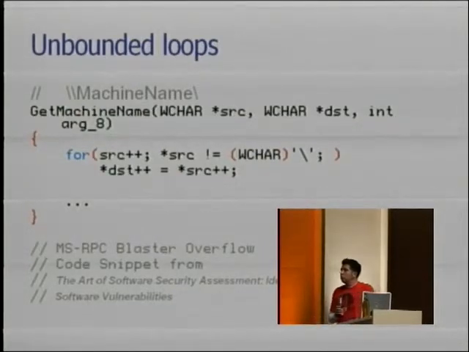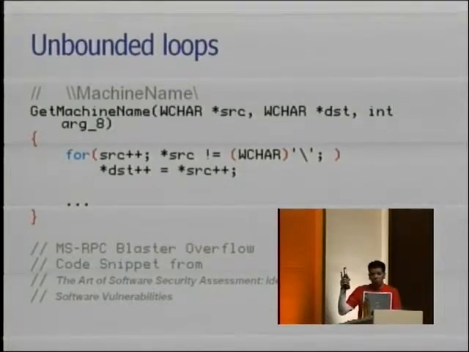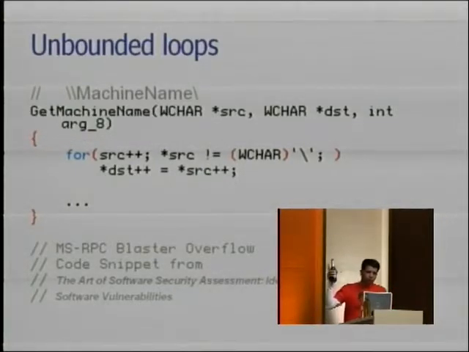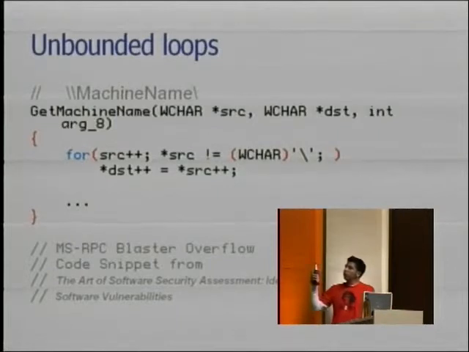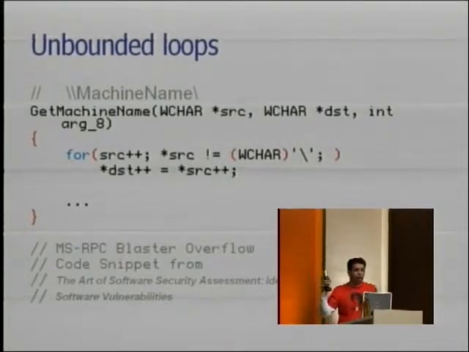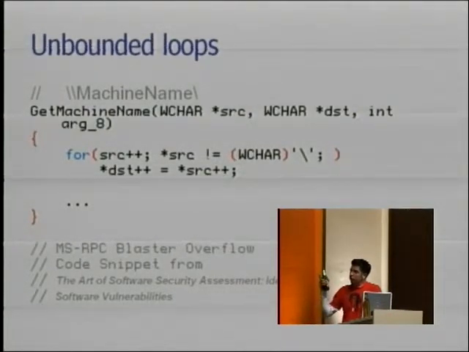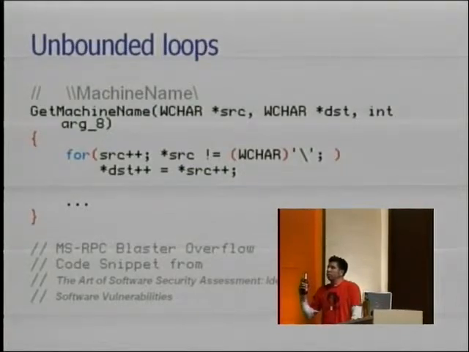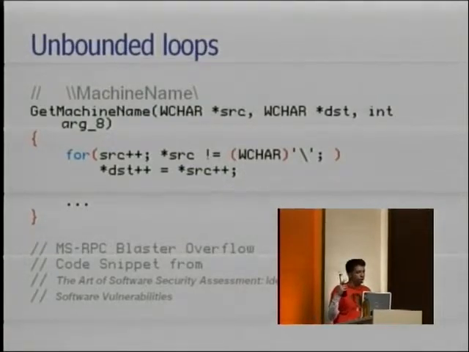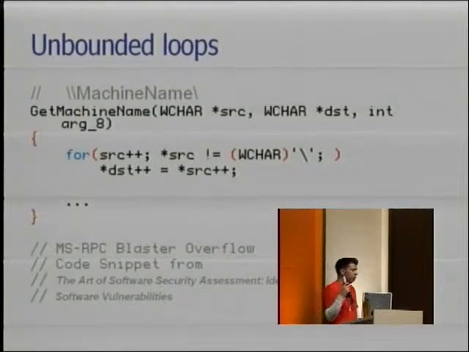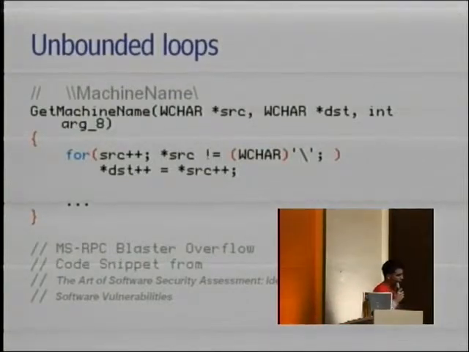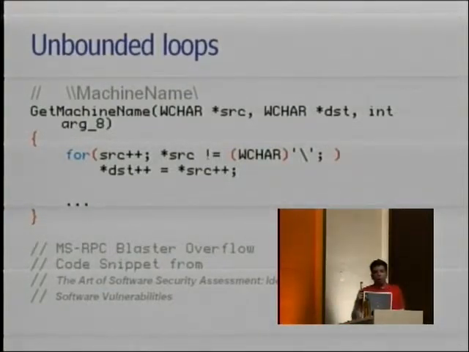And I actually took this snippet from Mark Dowd's new book. It's an awesome book. If you don't have it, you should definitely check it out. The Art of Software Security Assessment. There's all kinds of stuff in there for source code auditing, but a lot of it applies to binary auditing as well.